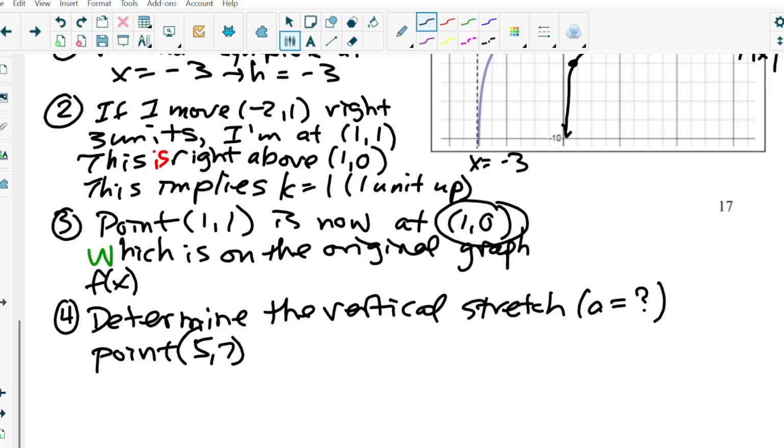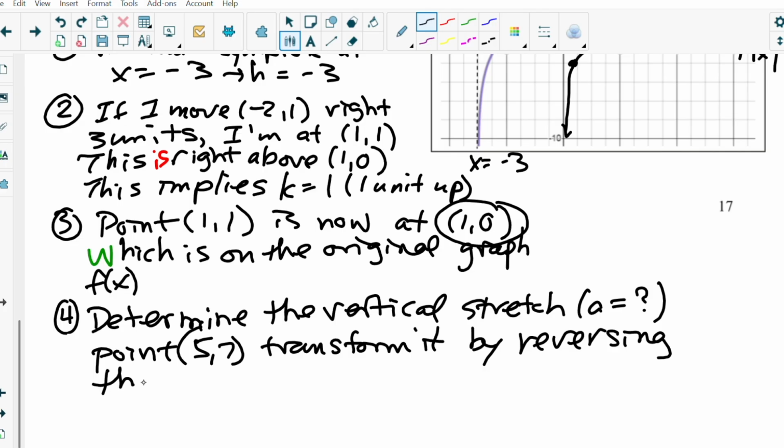Transform it by reversing the horizontal and vertical translation. Okay, so I'm going to back it up.